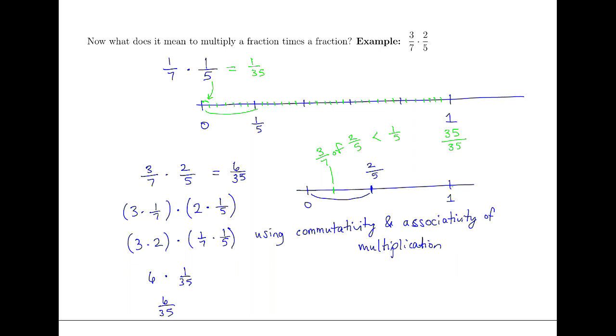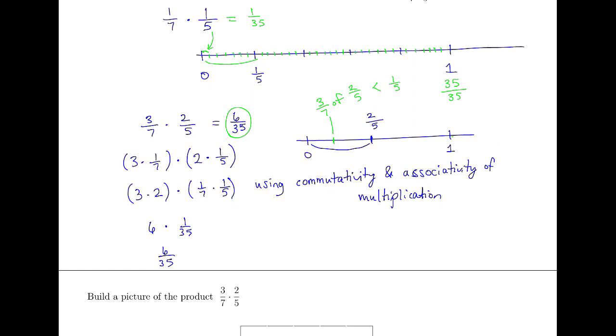Okay, so where we ended up was with 6/35. And so definitely less than a half, it's a small number. And in fact, 7/35 is 1/5. So this is a tiny bit less than 1/5.